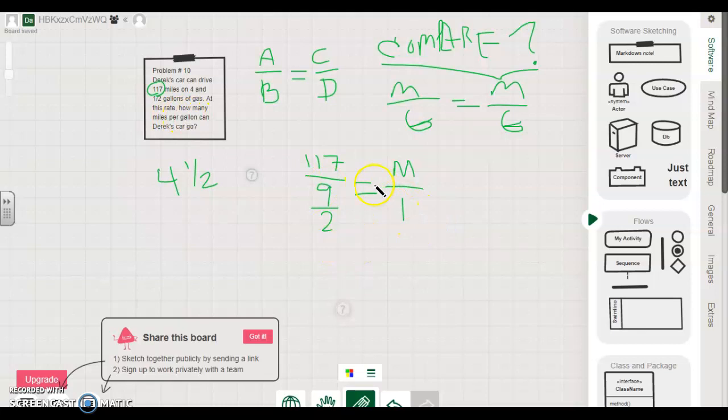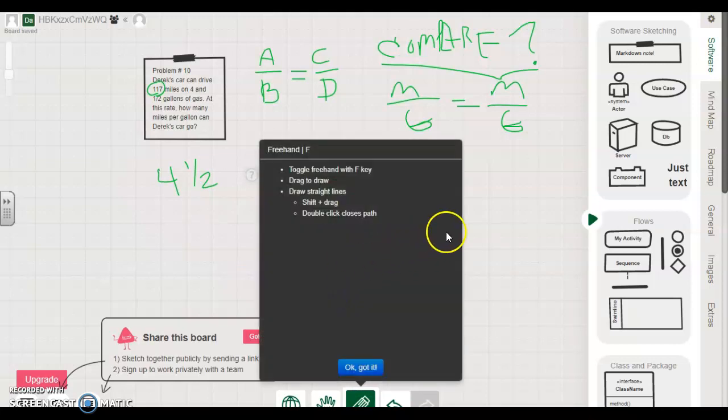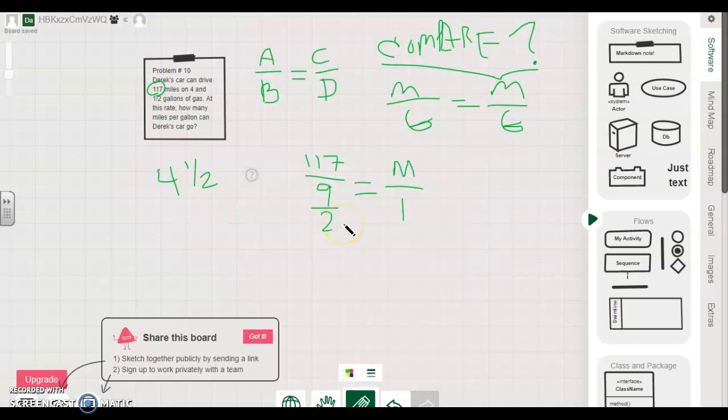So now that that's set up, I'm going to change my color here. I didn't change the color, but that's fine. We're going to cross multiply.